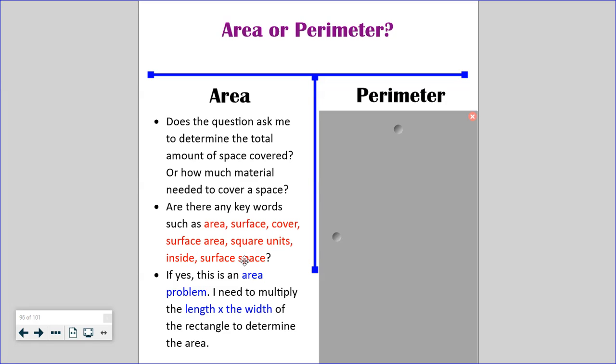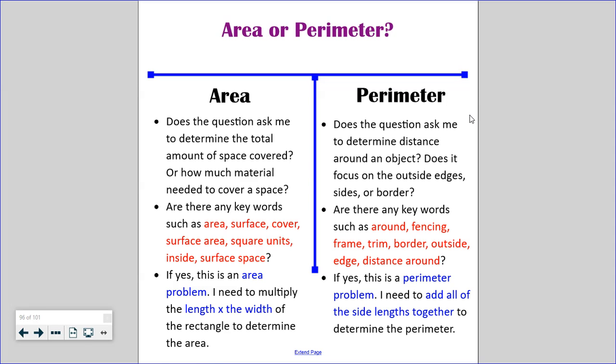Anything that refers to the amount of space covered by something is going to be area. So if the answer is yes, then this is an area problem. So you need to multiply the length times the width of the rectangle to determine the area. So to sum up, if it is an area story, you're going to multiply the length times the width to find the answer. But what if it's a perimeter story?